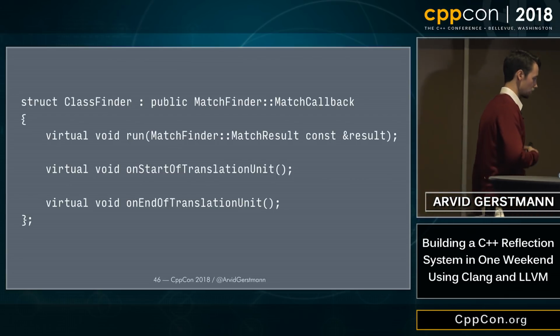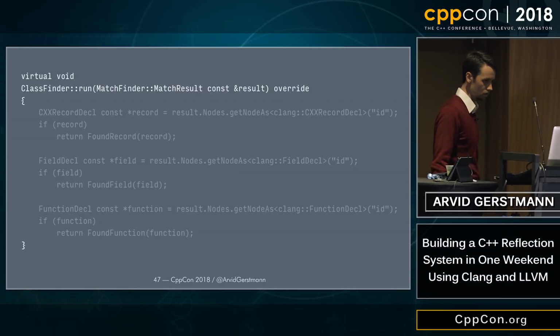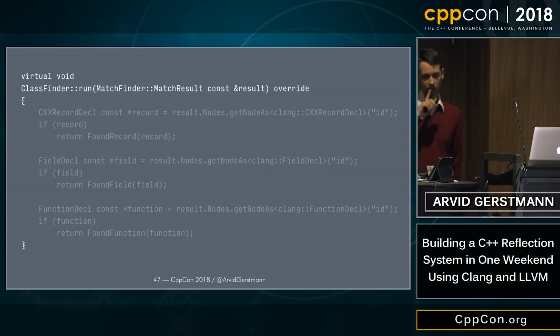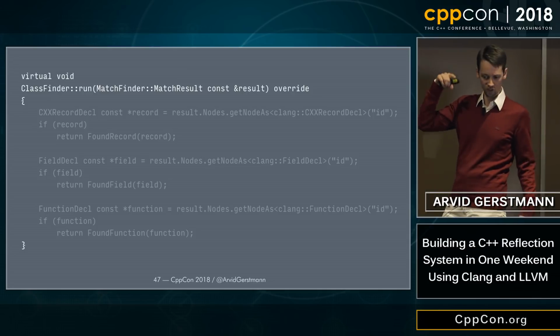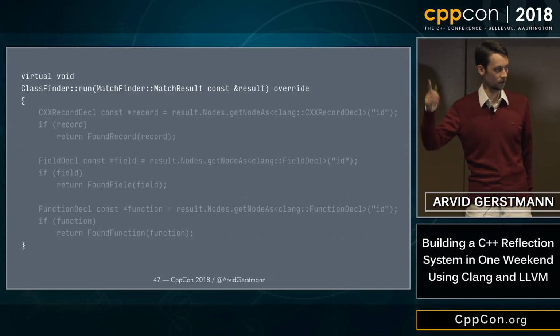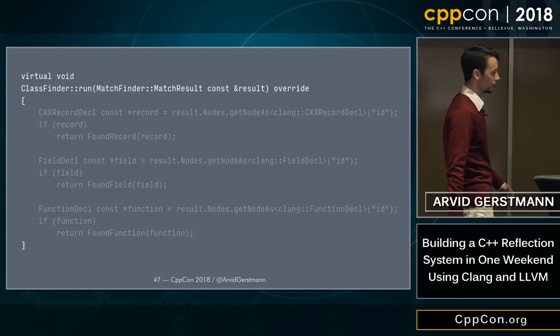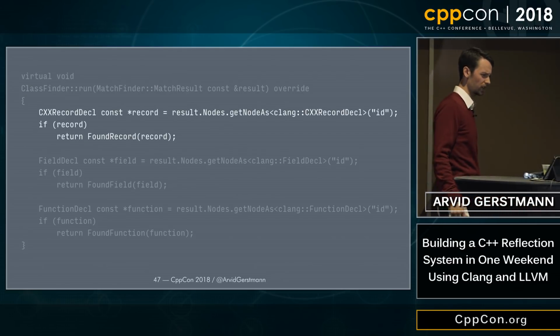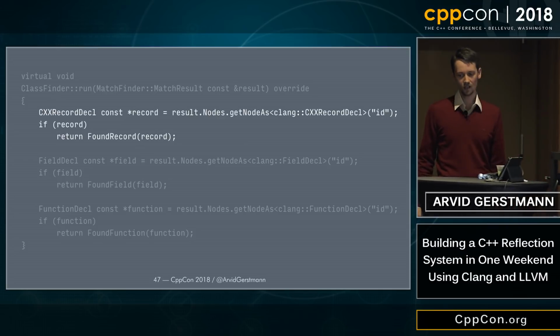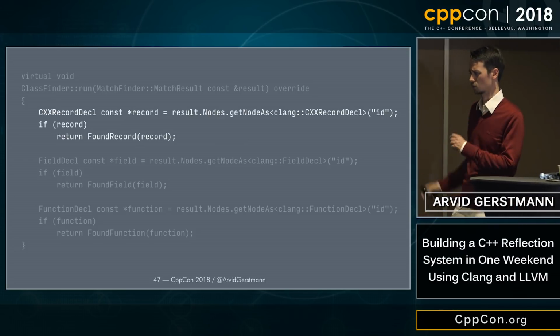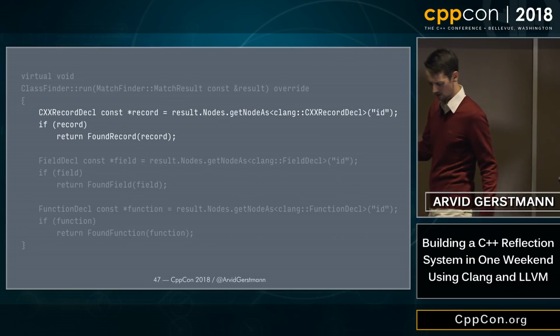So now we need to define the run function. The run function can be kept rather simple. We get a result object back, and we have pretty much only 2 functions to call, and one of them is getNodeAs. GetNodeAs is basically the LLVM equivalent, I think, to dynamic cast.